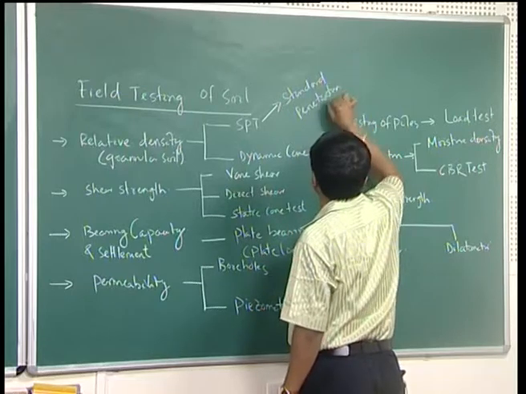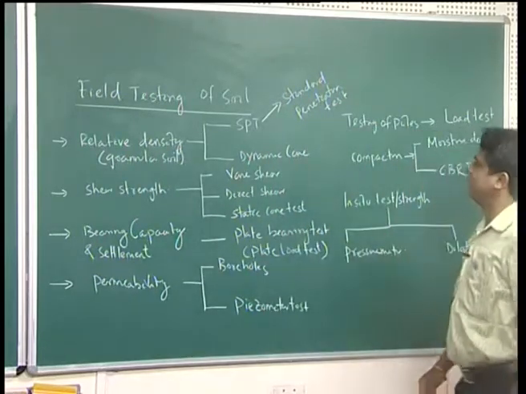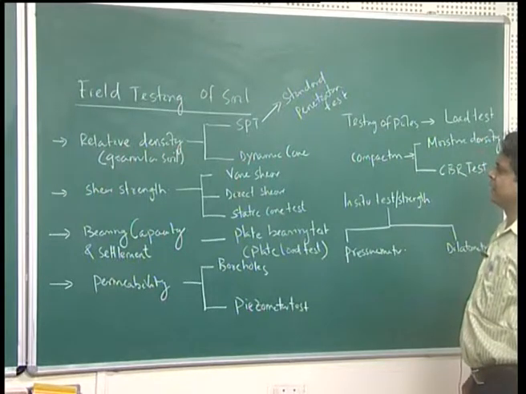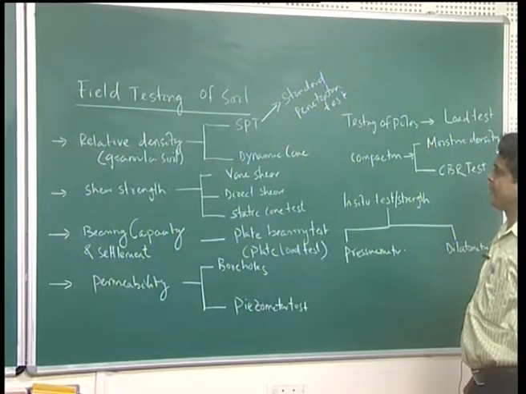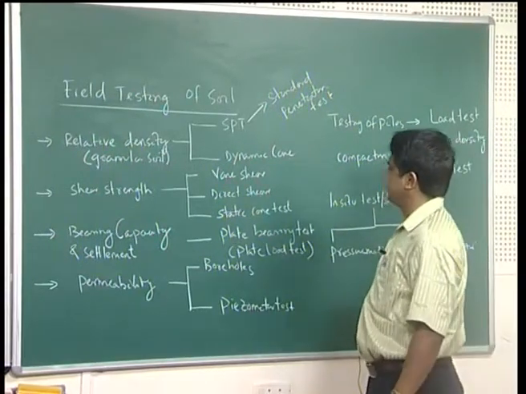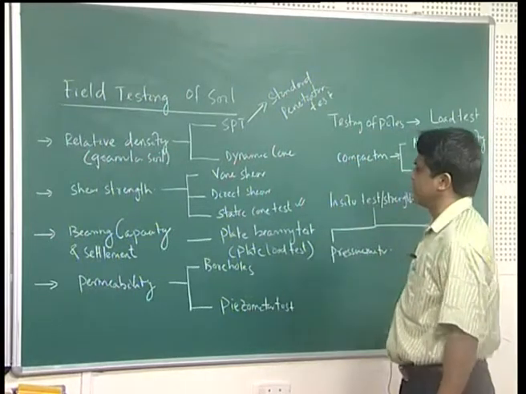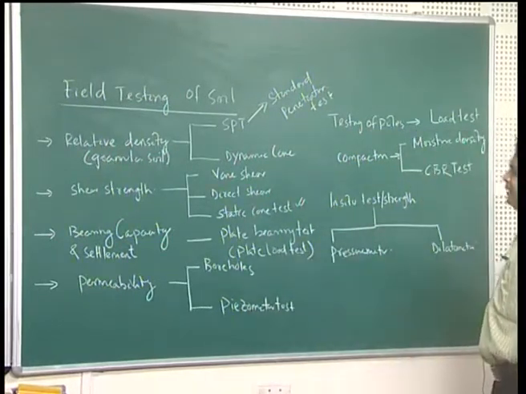Then dynamic cone test. For shear strength of soil in situ, that means in field, you can go for vane shear, direct shear test, or static cone test. From static cone test also shear strength can be determined.